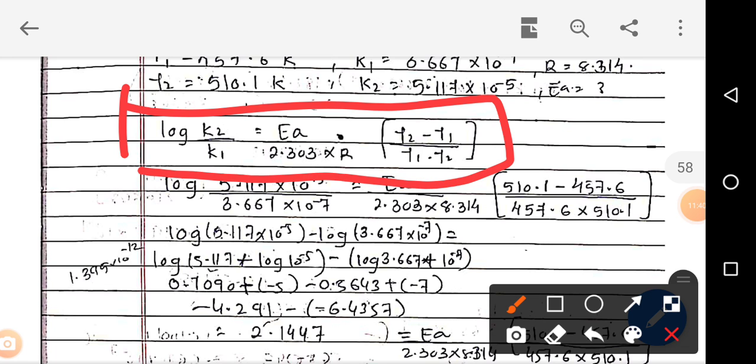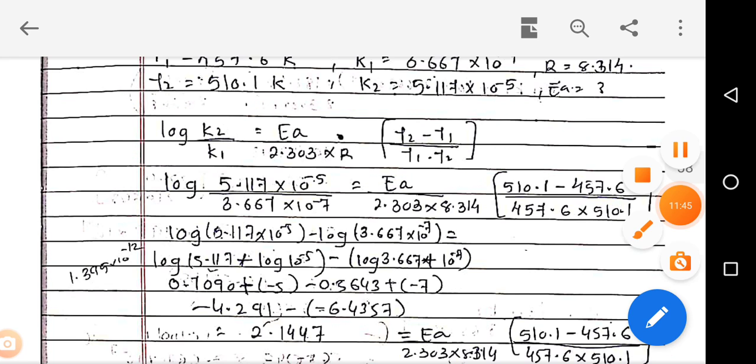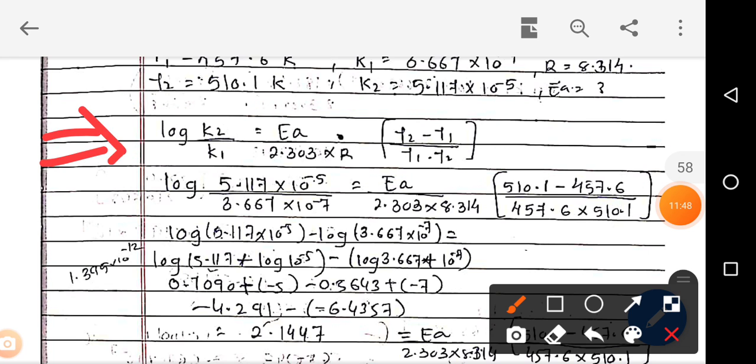We have used this formula in both numerical problems. By using this formula, we can easily find the answer. In this formula, the terms are K1, K2, T1, T2, and we have to find EA. R is the constant. Leaving EA aside, we know all the remaining terms. Putting the known values into the equation, we will easily find the value of EA.